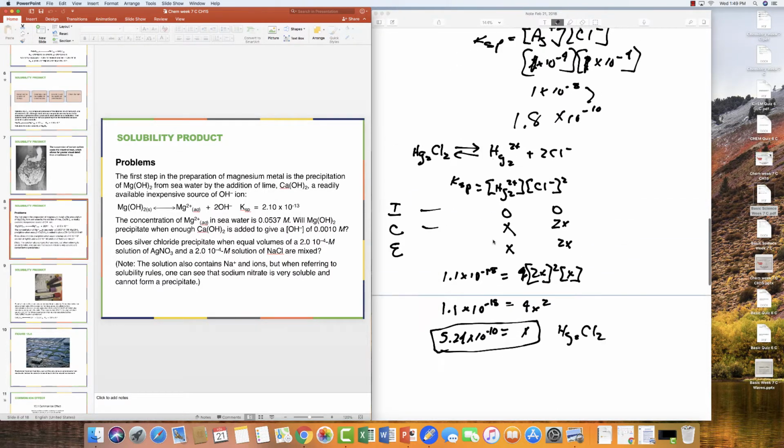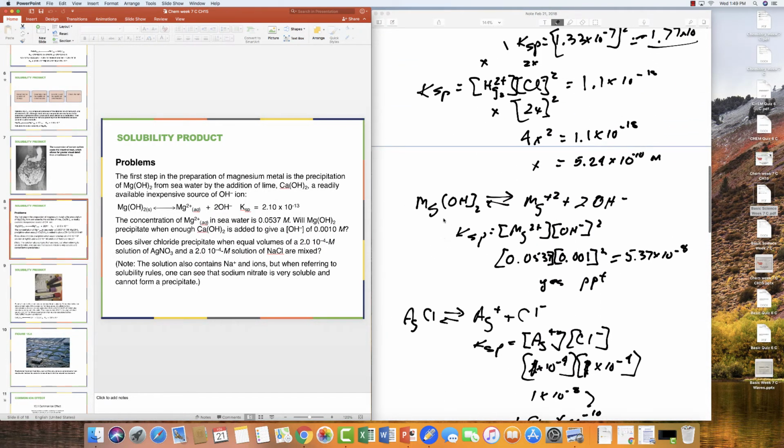And again, I've already done this up here. You see that the equation here is Mg(OH)2 forms Mg 2+ plus 2 OH minus. So the Ksp is going to be the magnesium ion concentration times the hydroxide ion concentration squared.